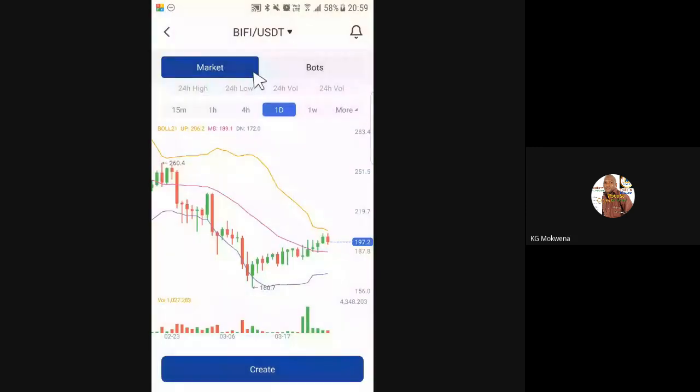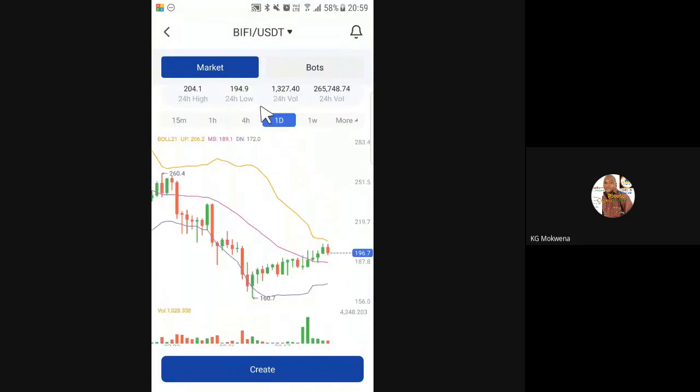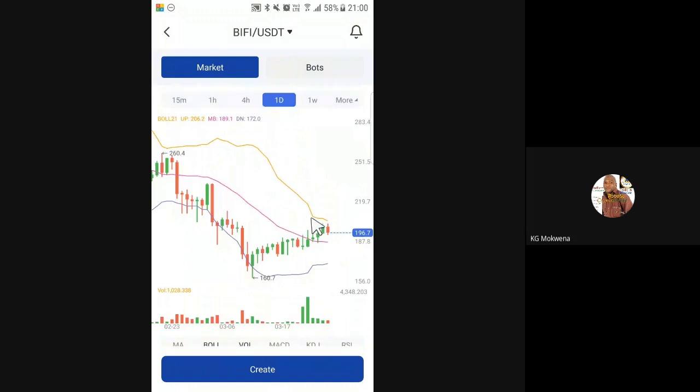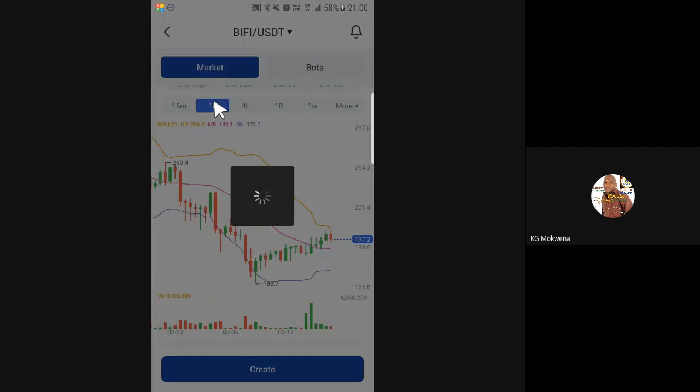Trading is all about buying and selling, business partners. And don't forget, we are on the daily time frame. Can you see, under the daily time frame, the lower band at 160, very far? Currently we're on 171, but let's go into the hourly time frame and establish what is happening there.